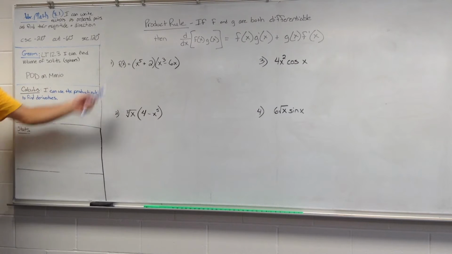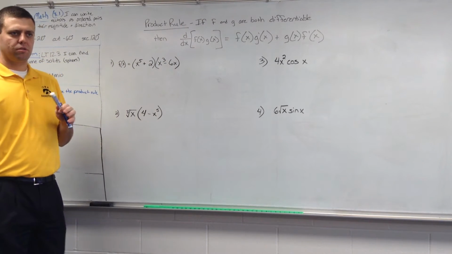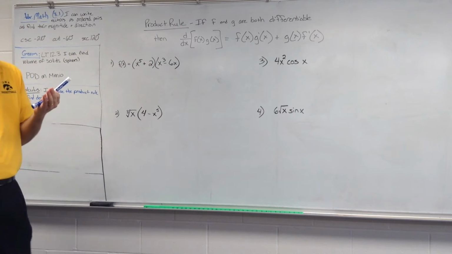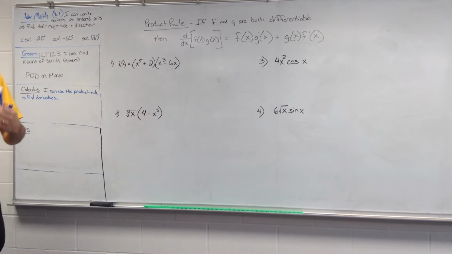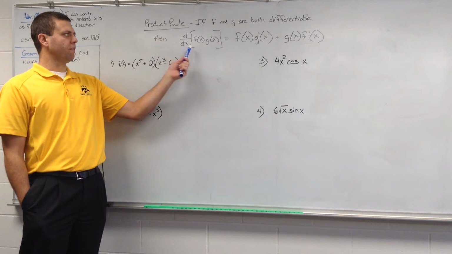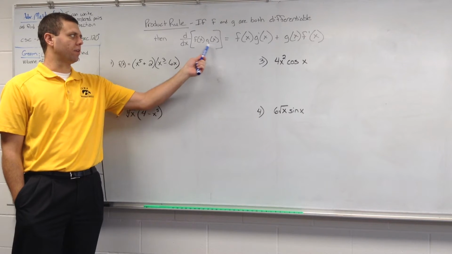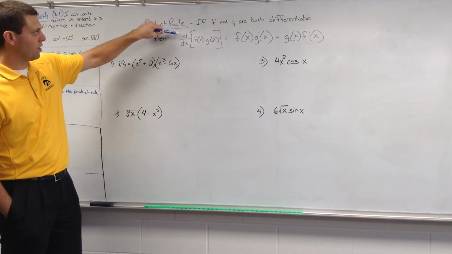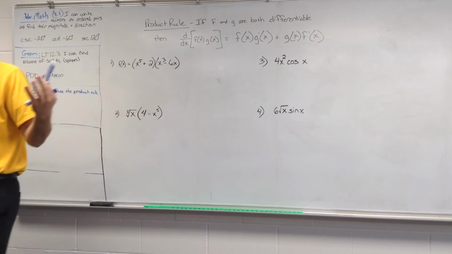So the product rule is right here. If you have two functions and they're both differentiable, meaning you can actually take the derivative of those functions, then the derivative of those two functions multiplied by one another, d over dx, represents the derivative with respect to x.